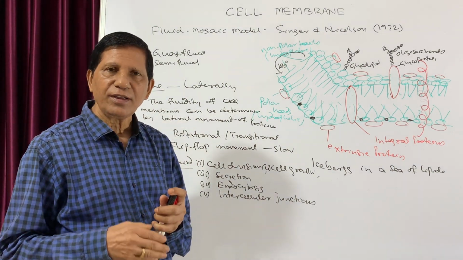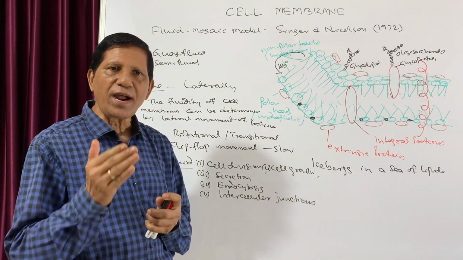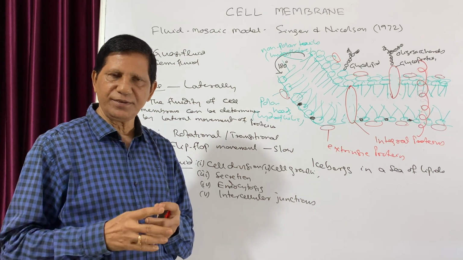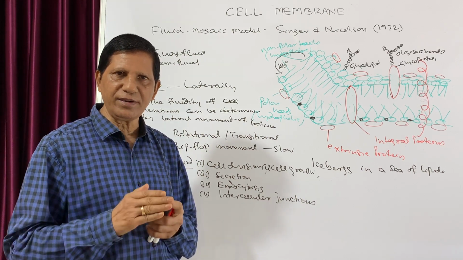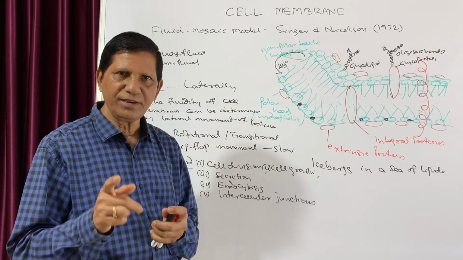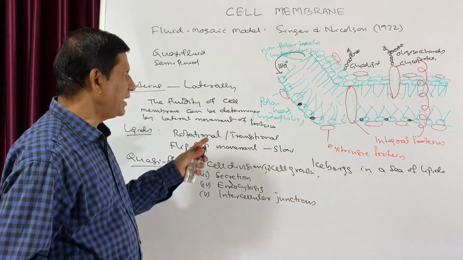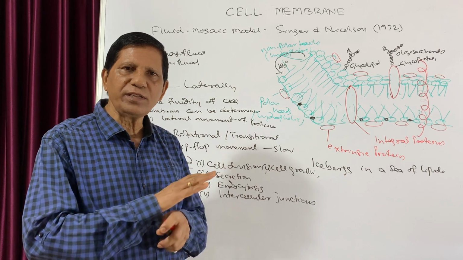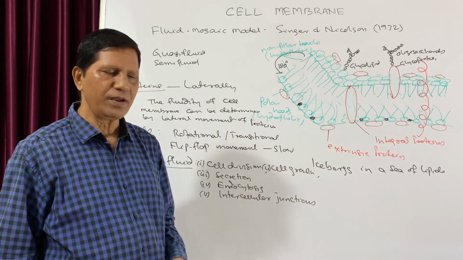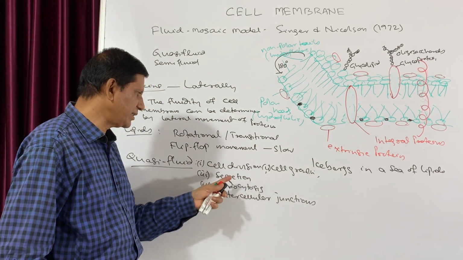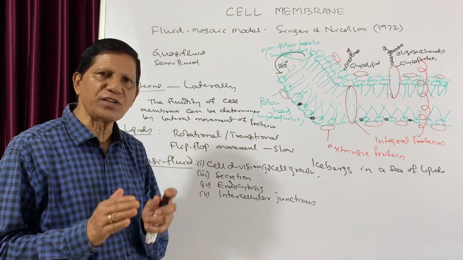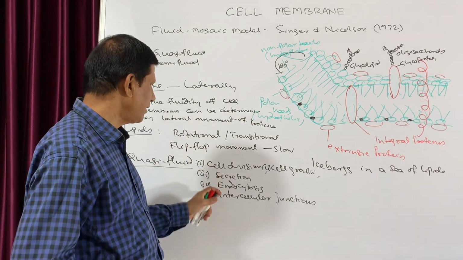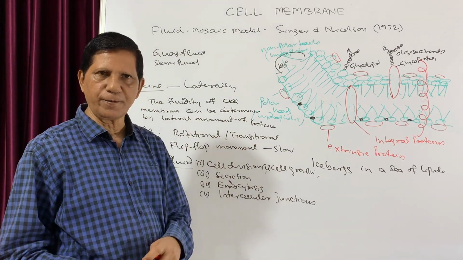Now, the next thing is why this model is accepted. What is the reason behind it? It is accepted because this model satisfies all the functions of the plasma membrane, like the cell growth, cell division, secretion. That means all these functions are possible because it is a quasi-fluid nature.